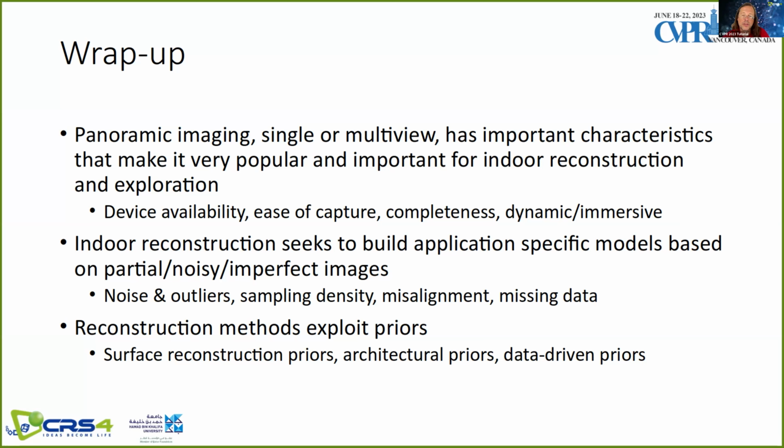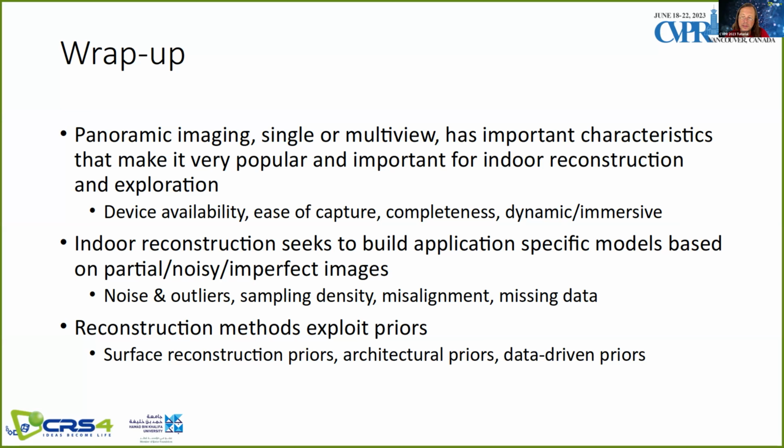Captured information, despite the fact that you have a global context, is never perfect and complete. And the indoor reconstruction is thus to build some application-specific models that allow us to interpret partial, noisy, imperfect images.